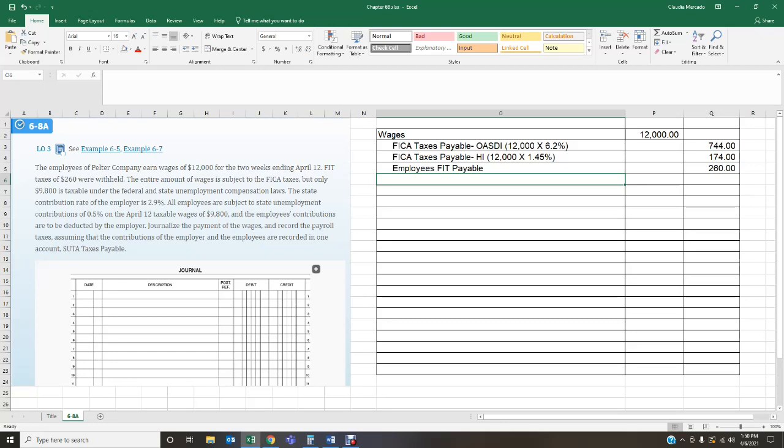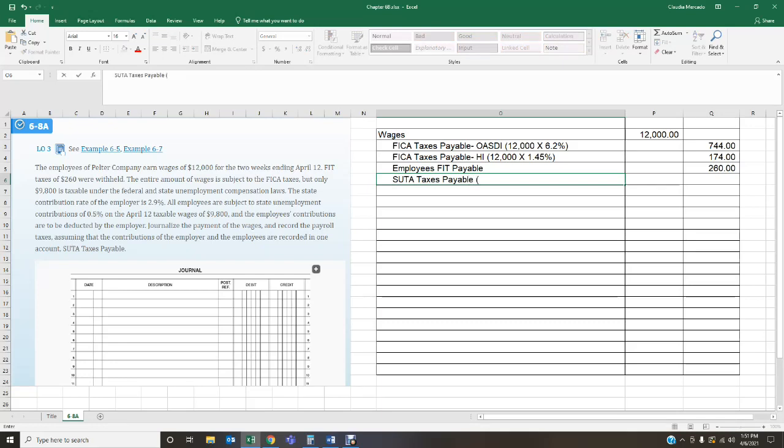Okay. Now, one other thing that we need to include in this particular case, usually those are the three items that we include, but in this particular case, the employees are also responsible. All employees are subject to state unemployment contribution of 0.5%. So we have to include the SUTA tax. That's going to be SUTA taxes payable.